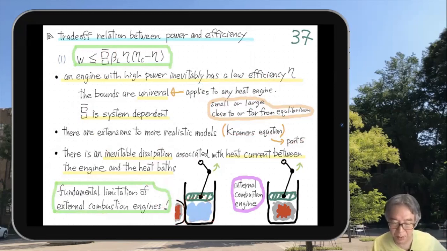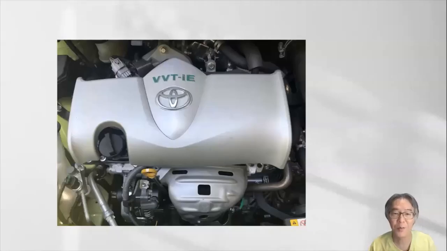In contrast, in the case of an internal combustion engine, the heat source is inside of the engine, and there is some explosion or something. In this case you don't have to transfer heat from the heat source to the engine. So in an internal combustion engine, we don't have any such limitation. So I think that is the reason that we use internal combustion engines like in our car.